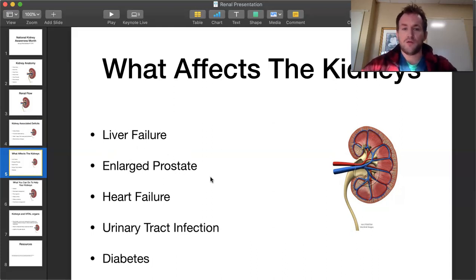An enlarged prostate. In men, this can be a very common problem, whether through prostate cancer and a large prostate. I'm going to go back to my diagram here and move my face.